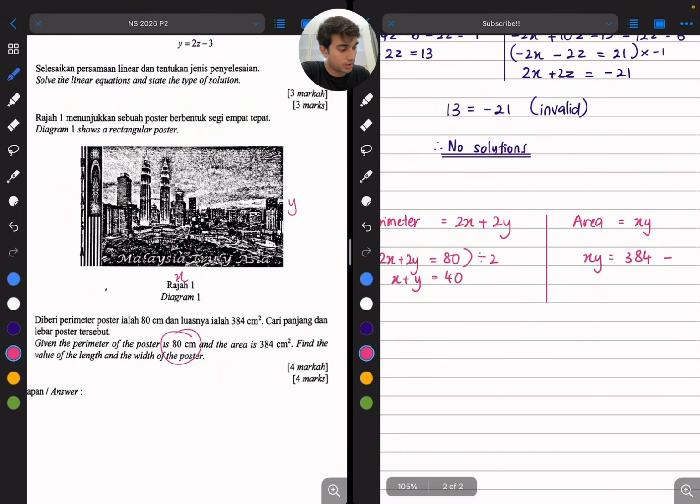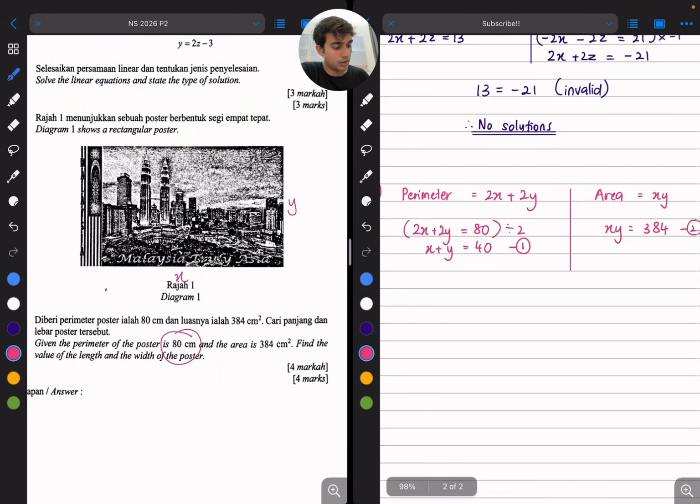You can call this equation 2. Then from equation 1, we can make x the subject. So instead of calling this equation 1, we make x the subject first, and this one we call equation 1. So it's easier, then we can just sub this into that.